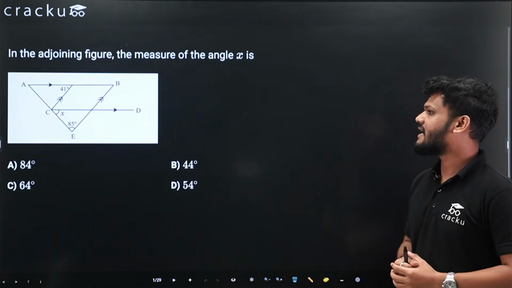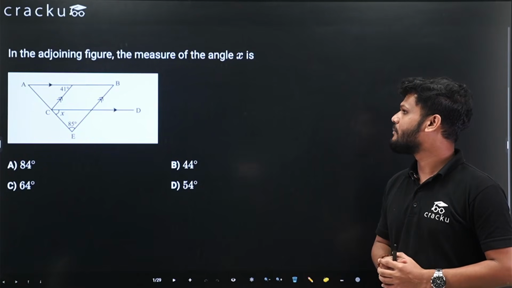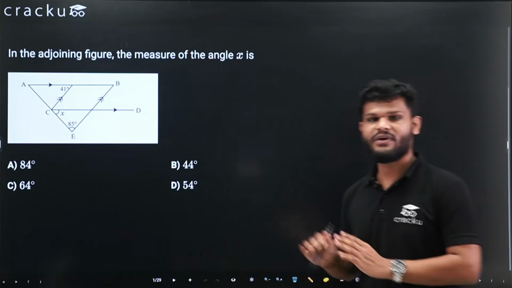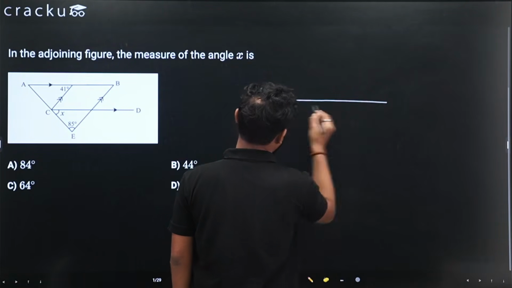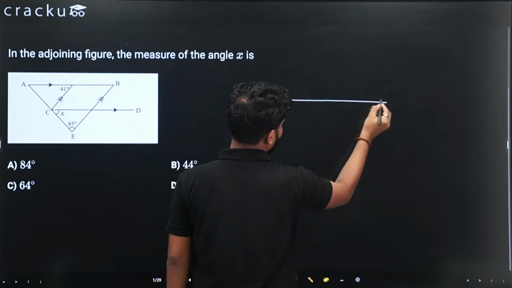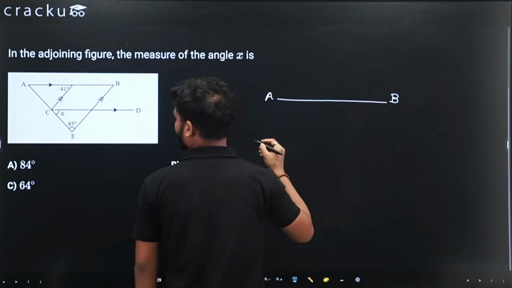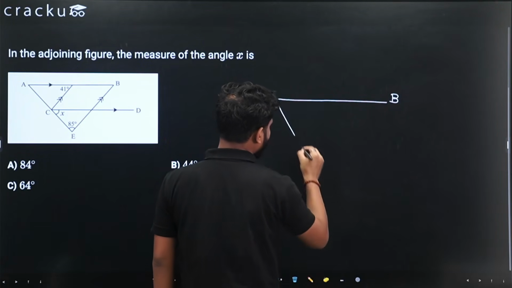So in this question we are asked, in the adjoining figure, the measure of angle x is what? And we have been given the figure. So let us first draw this figure. I have AB. Then ABE is a triangle.